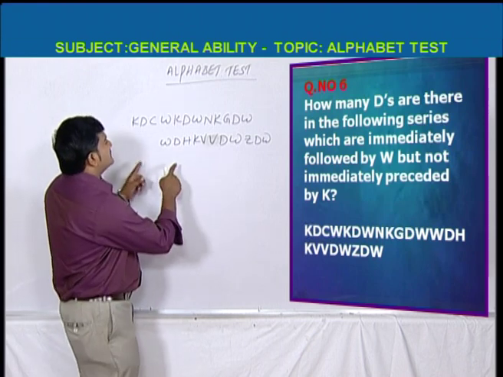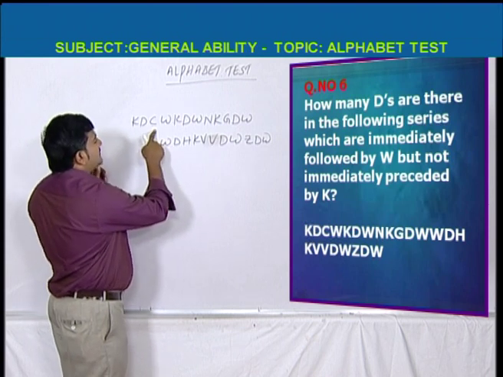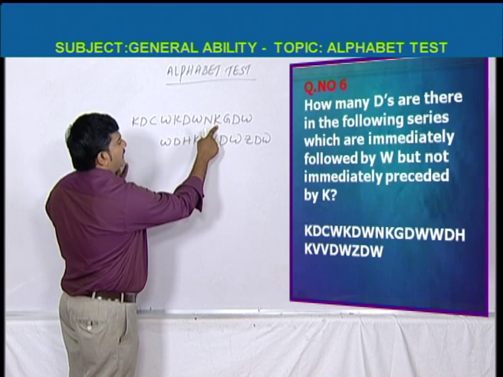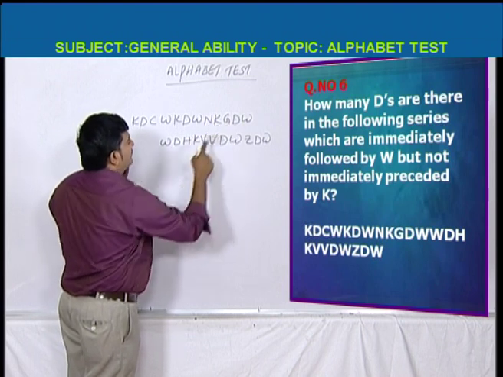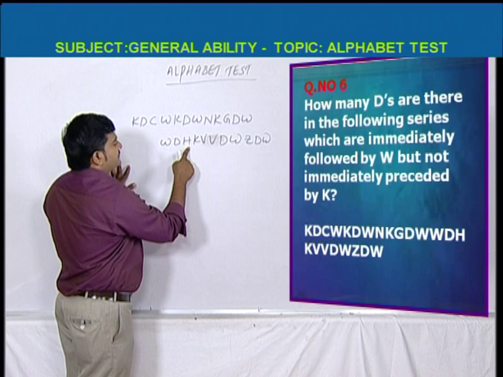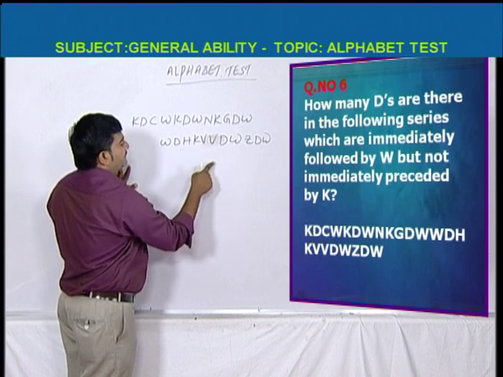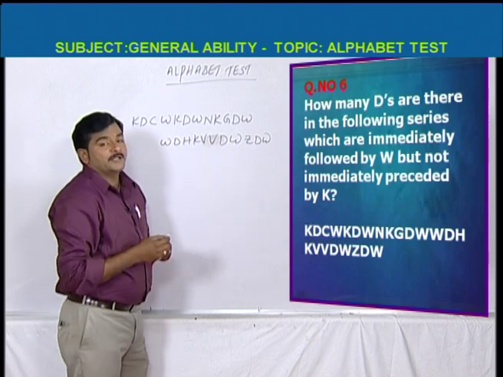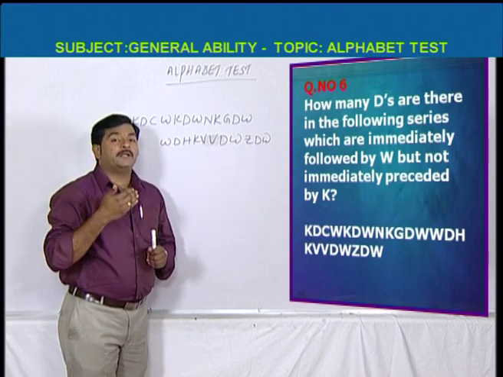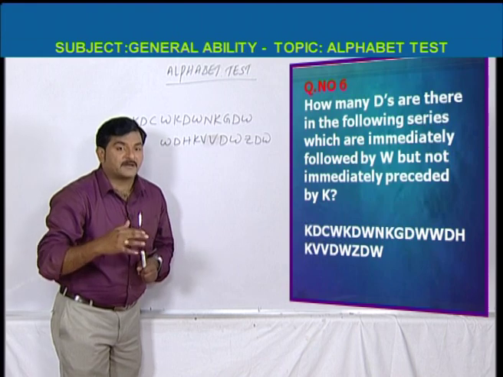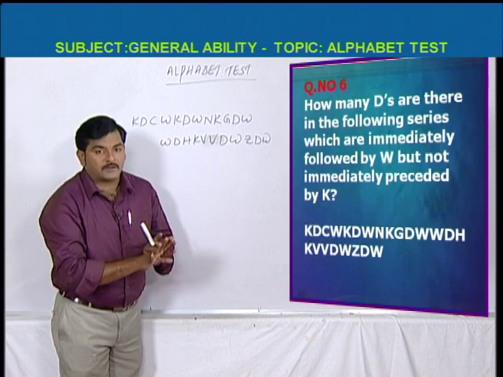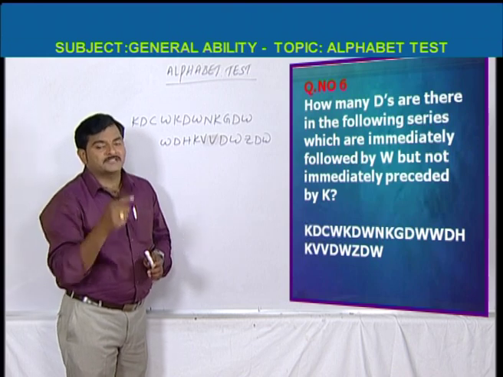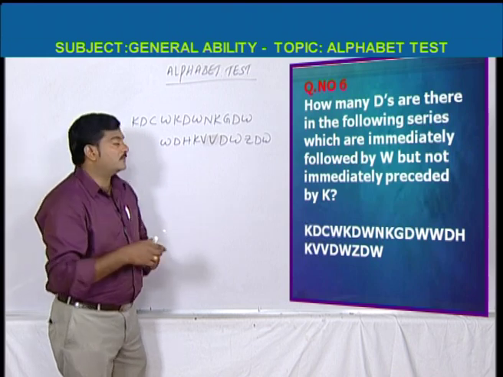So this is the given sequence. K D C W K D W N K G D W W D H K V V D W Z D W. So he asked to find out how many D's are there which are followed by W but not preceded by K. The meaning is, followed by W means D then W should come.